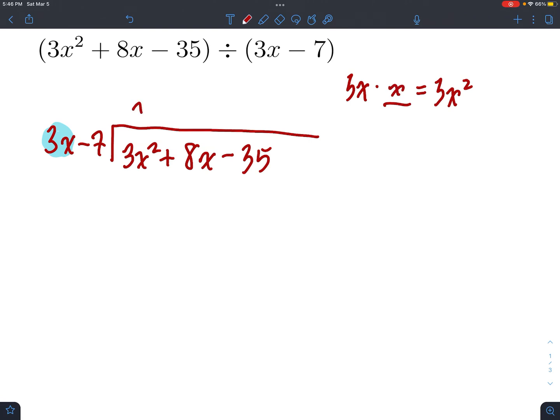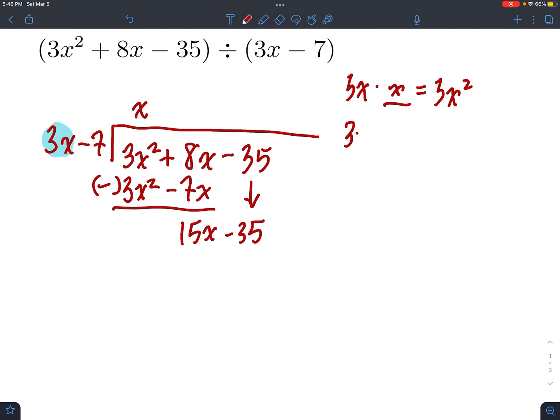X. So you put the x right above the term that you asked that question about. And then you multiply. And if you do it right, this will always cancel. And we get 15x with that double negative. And we bring down.